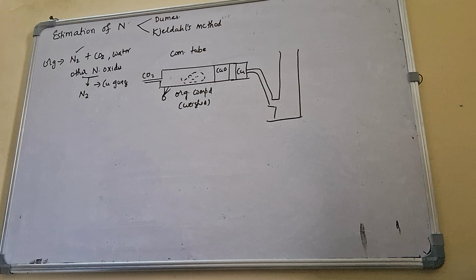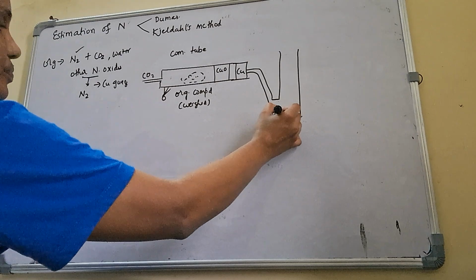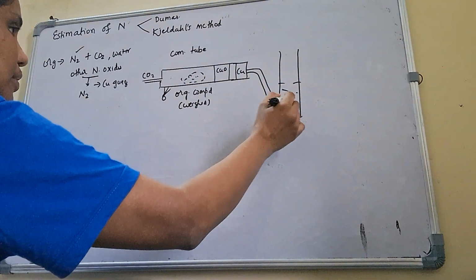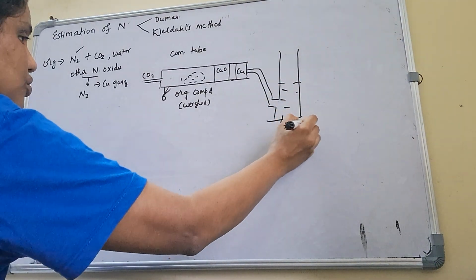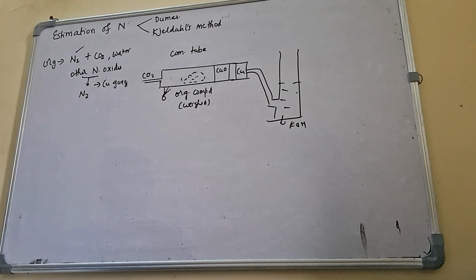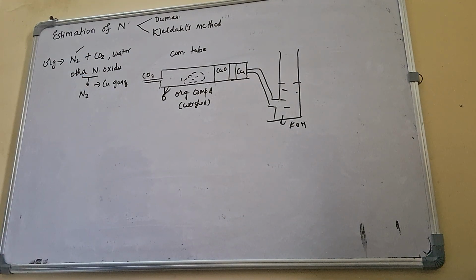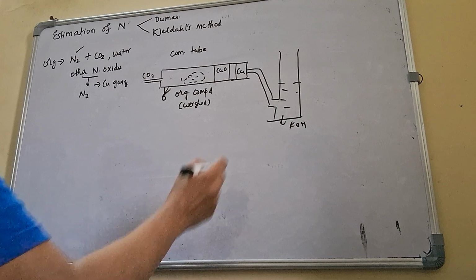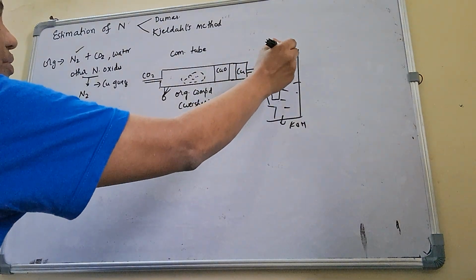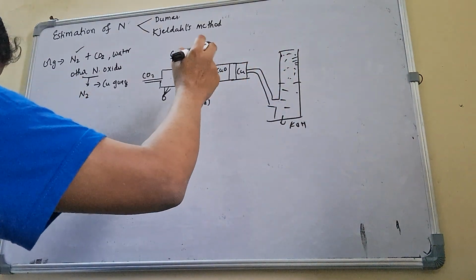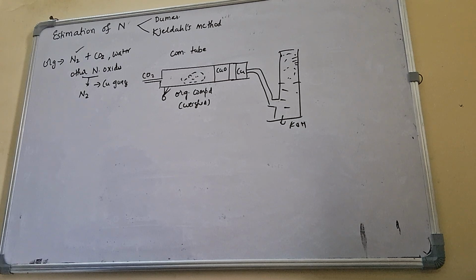Once you get nitrogen, the gaseous mixture is collected over aqueous potassium hydroxide solution. So this is your KOH solution, aqueous. The reason for KOH is so that carbon dioxide will be absorbed, and nitrogen gas will be collected in the gas tank. It has readings, so you can measure the volume here, and from the volume of nitrogen gas obtained, the percentage of nitrogen can be calculated.